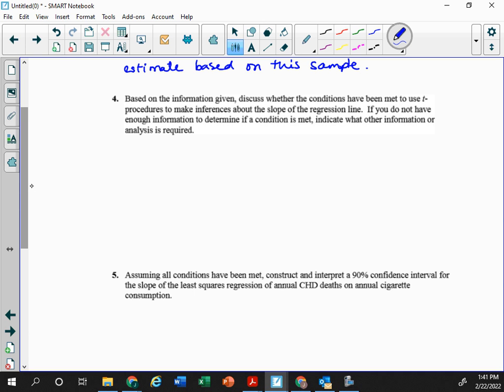And you can check pretty much all of them from the residual plot, most of them at least. So I would say we'll list them out. The L stands for linear. The I is for independent. N is for normal.